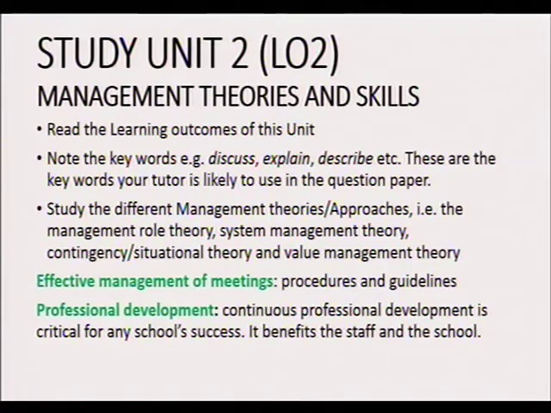Now, as a tutor, when I'm compiling a question paper, I also look at those learning outcomes. In other words, what do the learning outcomes require from you? Does it require you to discuss? If it requires you to discuss, obviously, in my question paper I will also use the word discuss. If the learning outcomes require you to explain, I will also use the word explain in your question paper.